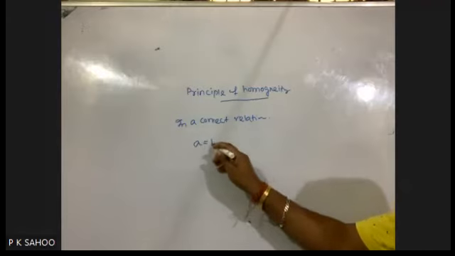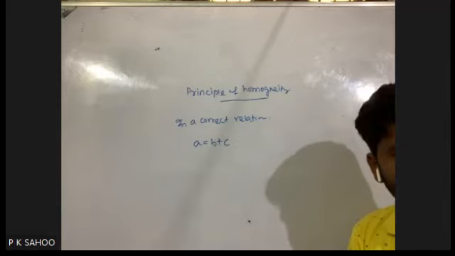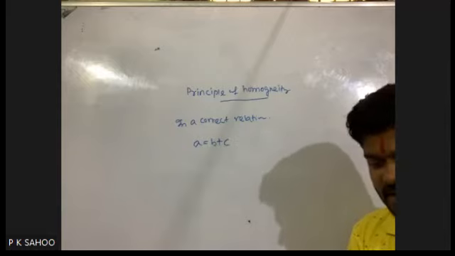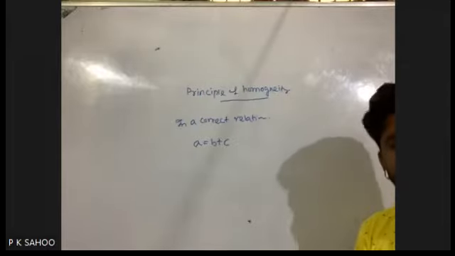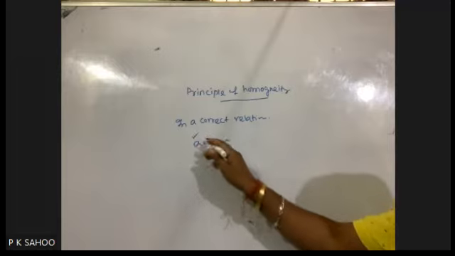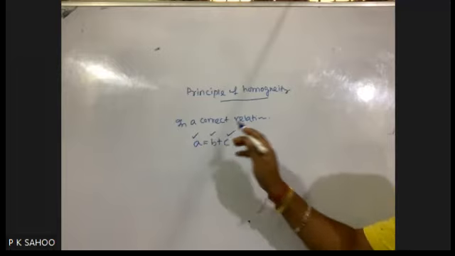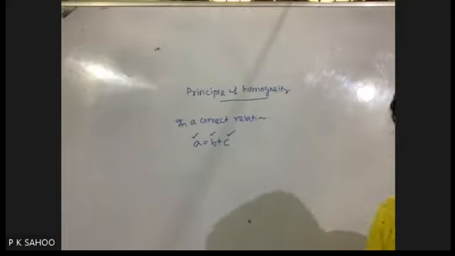That means you have to understand. Suppose I write A is equal to B plus C. How many terms are in this equation? 3 terms. This is one term, this is one term, this is one term. Suppose this is a correct relation.